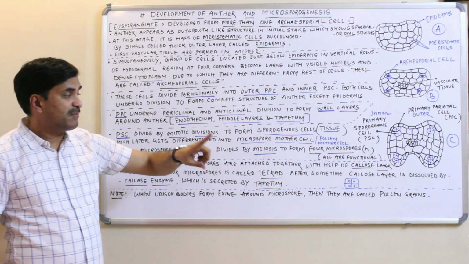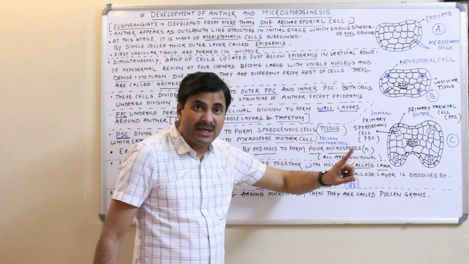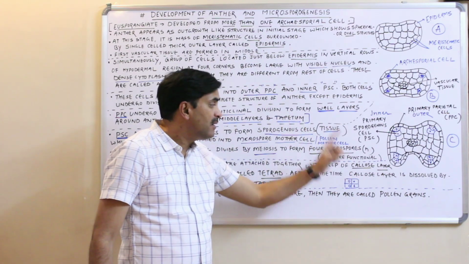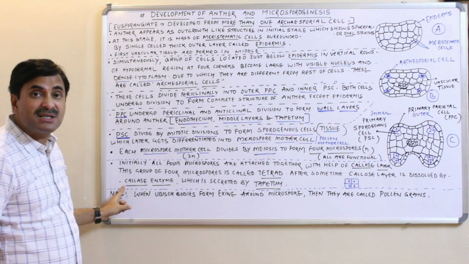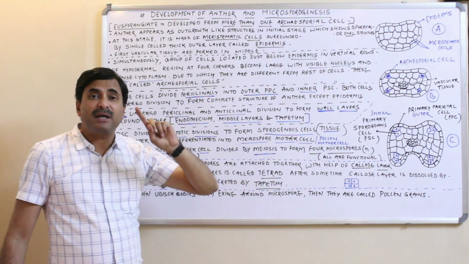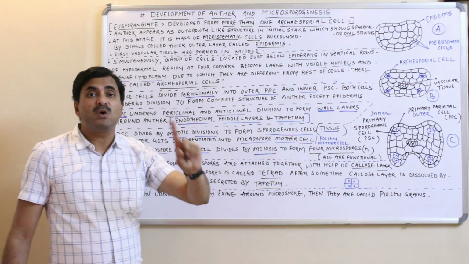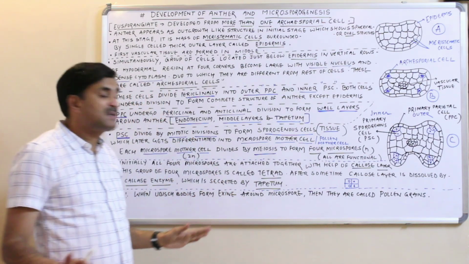But after some time, the callose layer is dissolved by an enzyme known as callase, which is secreted by the tapetum. Tapetum secretes callase enzyme, which dissolves callose, because of which all four microspores in the tetrad become separate.